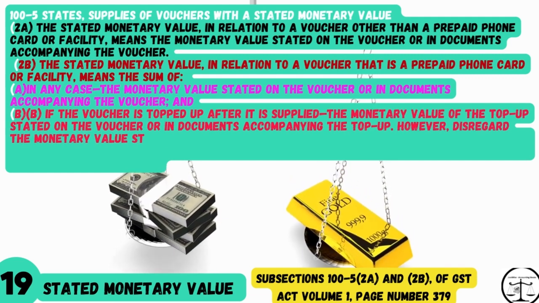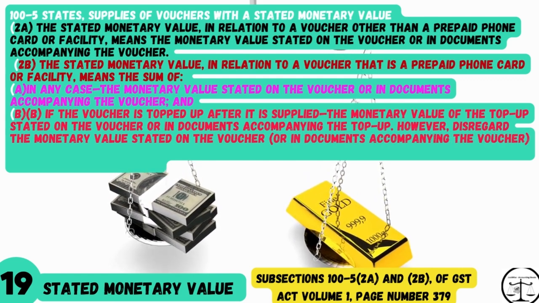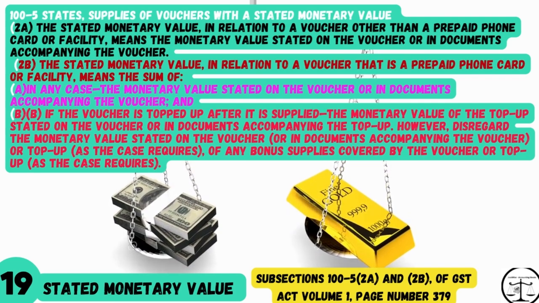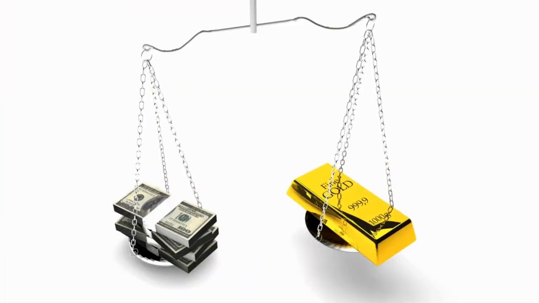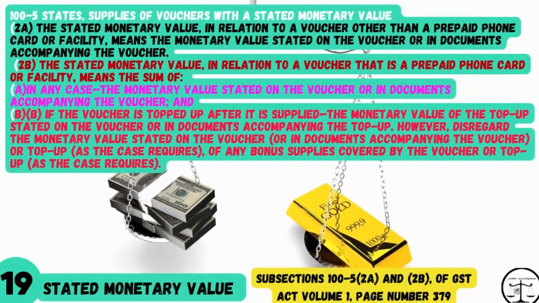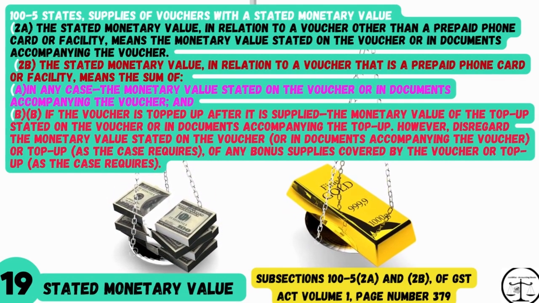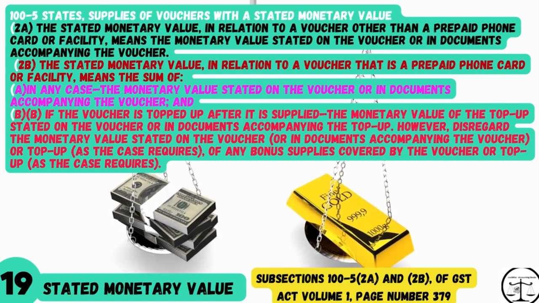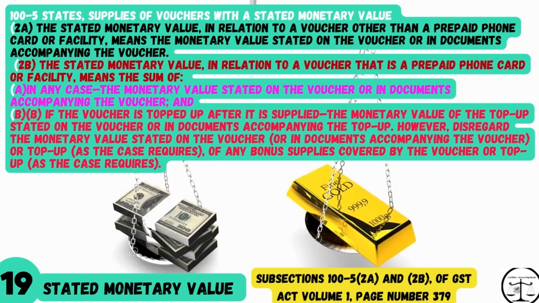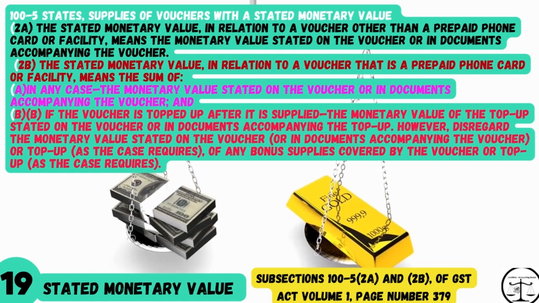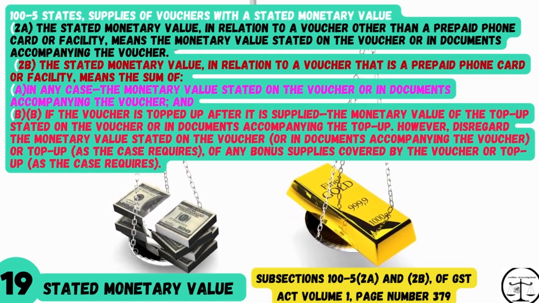2b. The stated monetary value, in relation to a voucher that is a prepaid phone card or facility, means the sum of a. In any case, the monetary value stated on the voucher or in documents accompanying the voucher, and b. If the voucher is topped up after it is supplied, the monetary value of the top-up stated on the voucher or in documents accompanying the top-up.